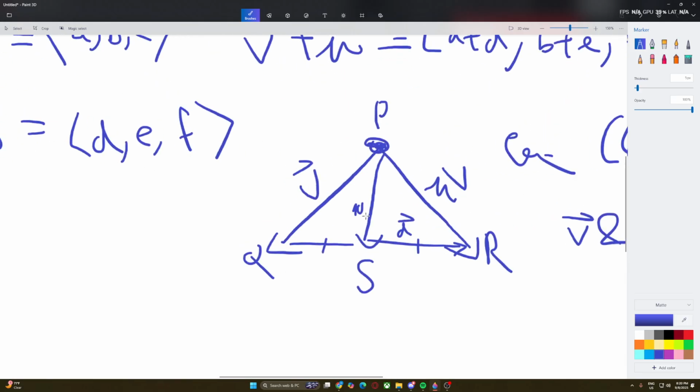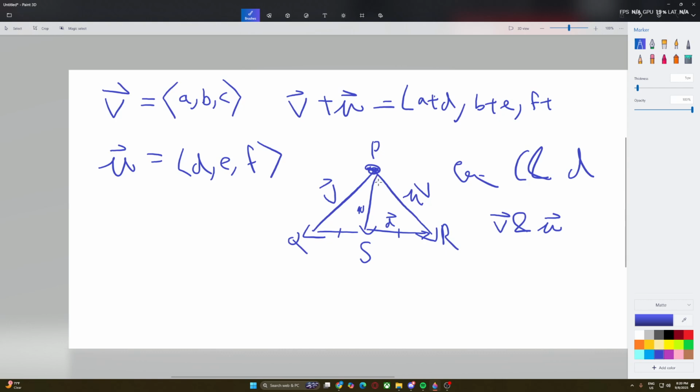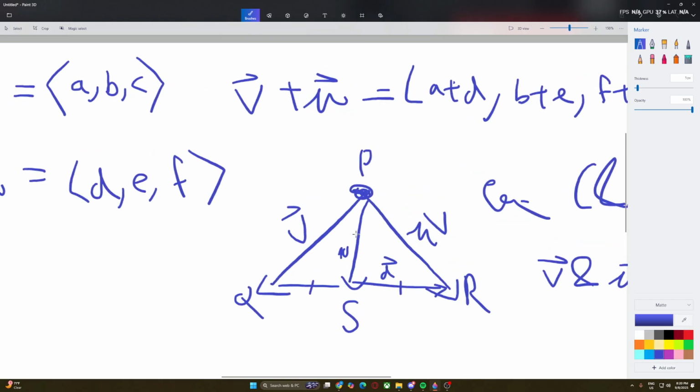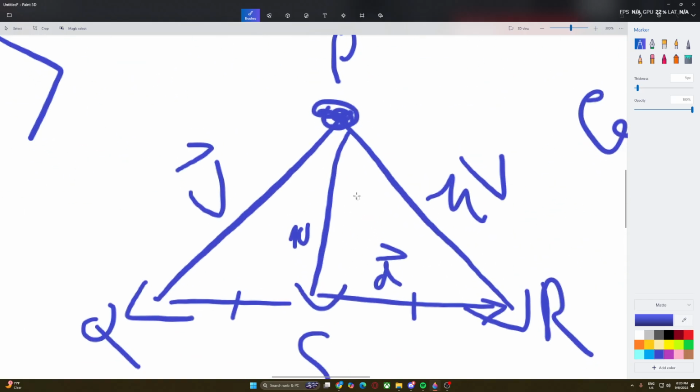So like I said earlier, we can see that from this triangle alone, C right here, and then D on its terminal end goes to R, which is at the terminal point of u vector.